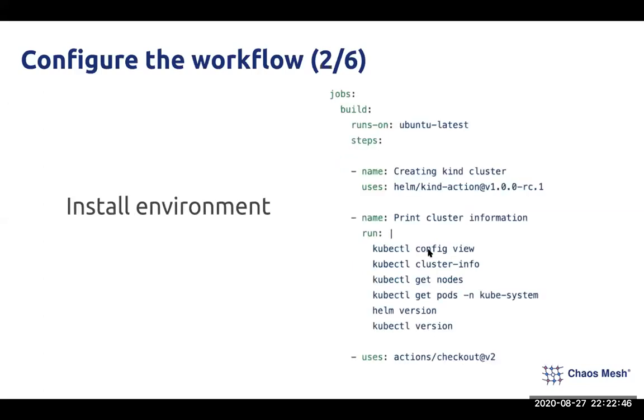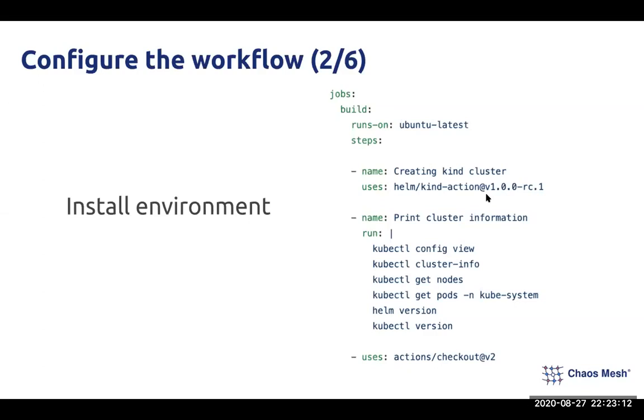Then we need to install the CI-related environment in this workflow. You can see on the right, this workflow will run on the Ubuntu system, and next we should deploy a Kubernetes cluster. Here we will use a kind action. It will create a kind cluster.